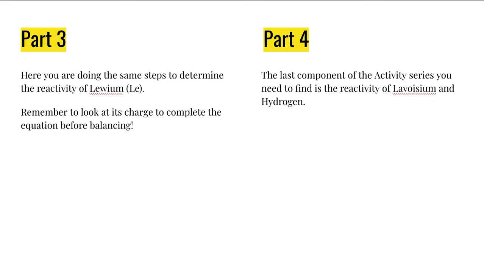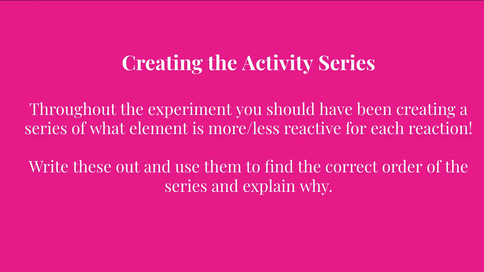So once you've gathered all your information of all the reactions, you can move on to the very last part of the lab, which is, of course, creating the activity series. Like I said, once again, throughout the entire experiment, you should have already been creating your own mini-series in which you determined which element is more or less reactive for every reaction. Now when you get to your chart, you can see that there's a whole list.